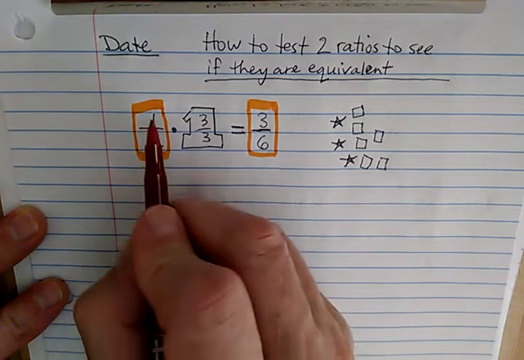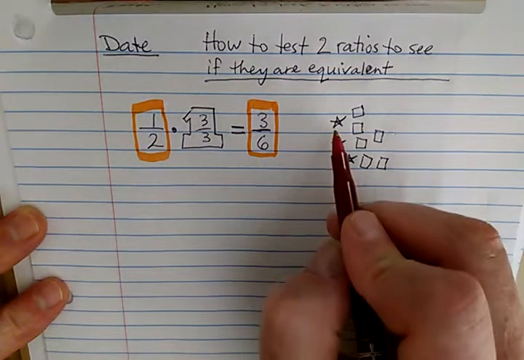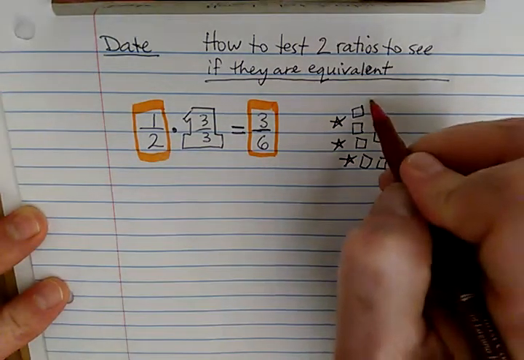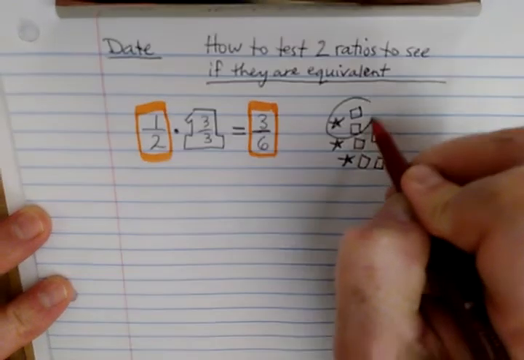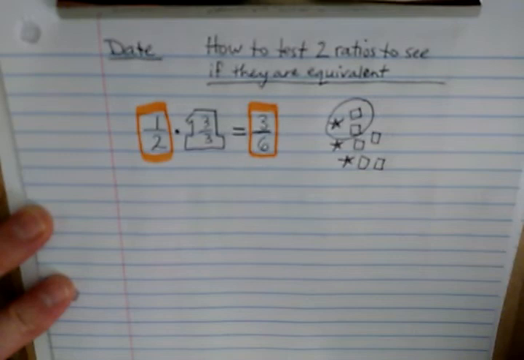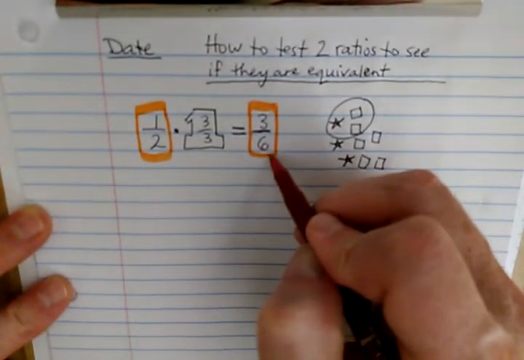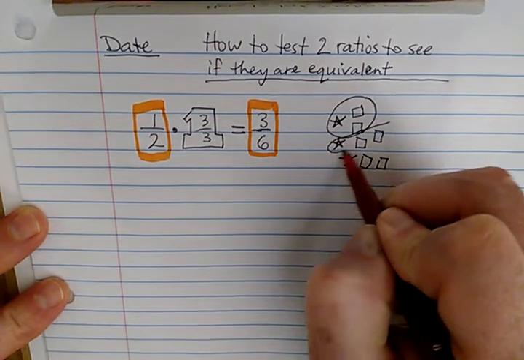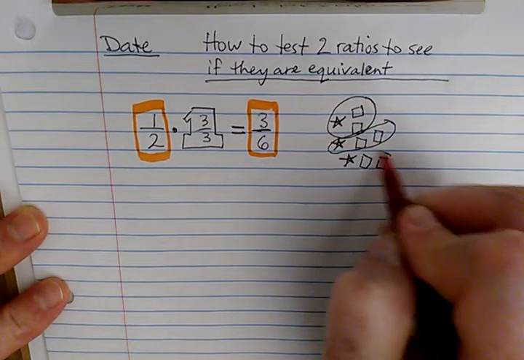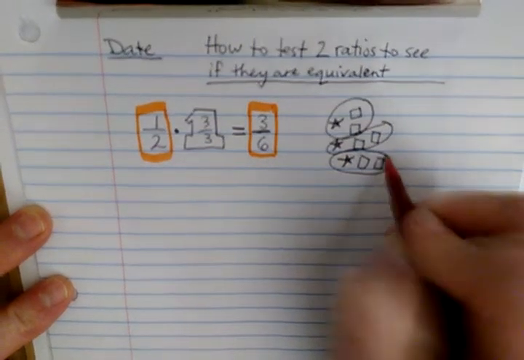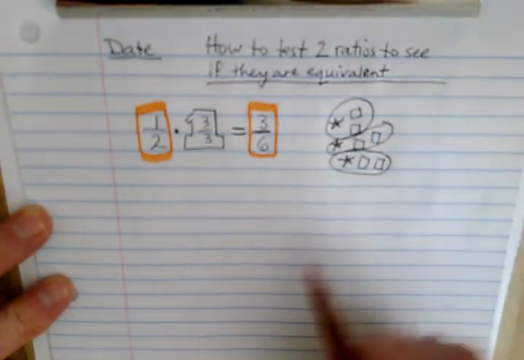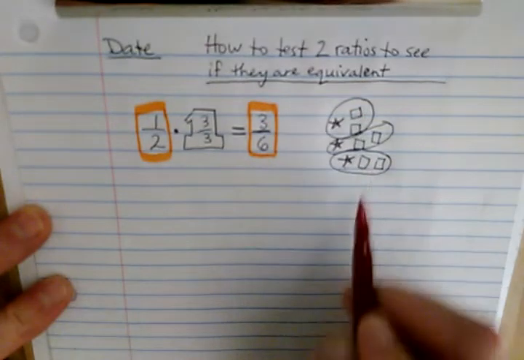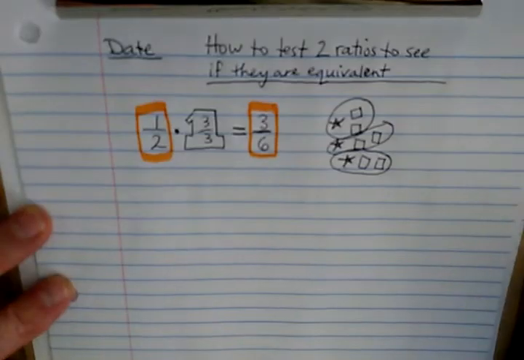So if we had 1 star, like 1 star to 2 squares, like this, it's the same as 3 stars to 6 squares, because you can see each time we have another group of 1 to 2, 1 star to 2 squares, it's the same each time, but we have a total of 3 stars, 1, 2, 3 to 6 squares. But they're all in groups of 1 to 2.